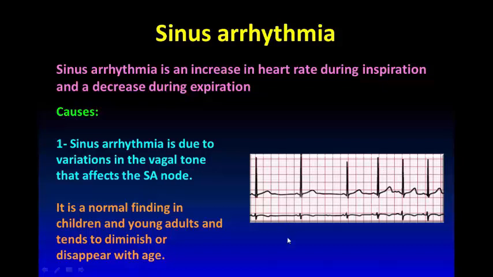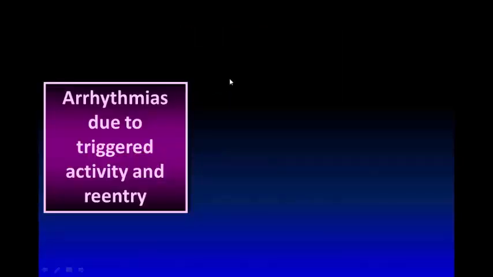So now we have finished with the description of the three major arrhythmias which arise from altered sinoatrial node pacemaker activity. And now let's describe the other important category of cardiac arrhythmias due to alterations or disturbances of impulse formation. This category includes dysrhythmias due to triggered activity and dysrhythmias due to reentrant circuits.